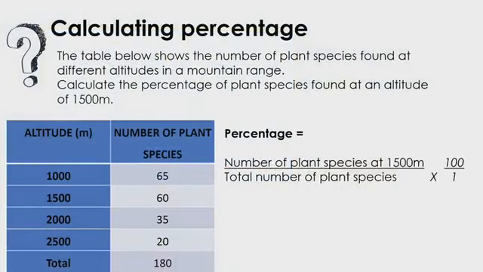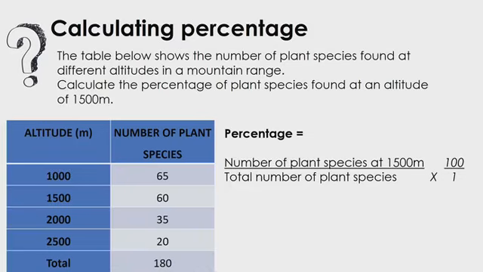Right, so here we are asked to calculate percentages. And for the percentage, they want to know a plant species found at an altitude of 1,500 meters. So if we go and we find that 1,500 meters, so here it's given, and the number of plants that are present at that point, that would be 60.